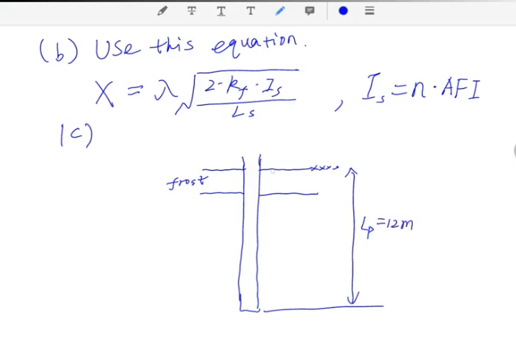You have thickness X for your frost, and X should be the bigger one you estimated in part A and part B.